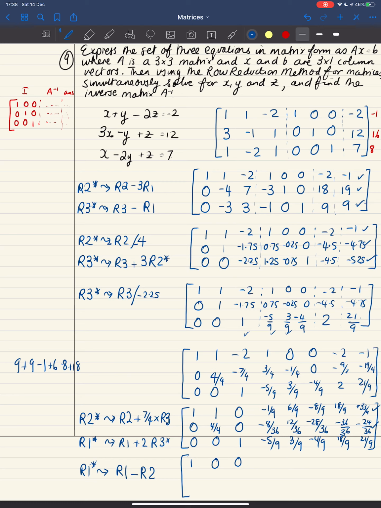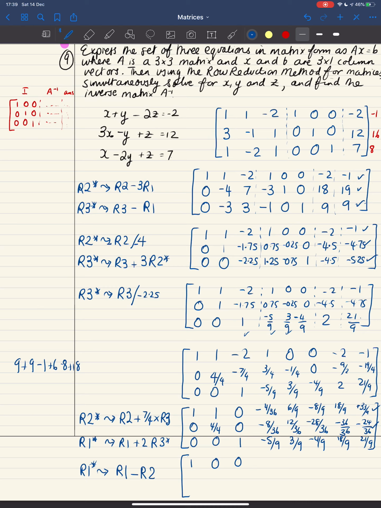Right. Okay, so row 2 are all in 36. So I've got to multiply each of them. Right, row 1 minus row 2. So look, this here, minus a 9th is actually minus 4/36.